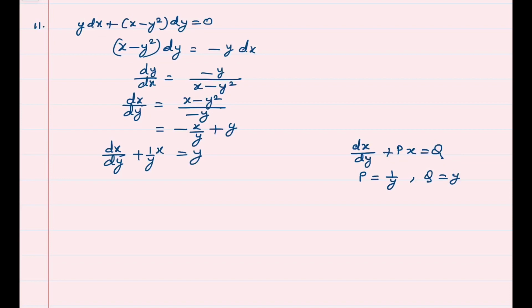No x should be there. We will write the integrating factor e raised to integral p dy. Everywhere integration has to be done with respect to y. E raised to integral p is 1 over y, which is e power log of y. E and log could be cancelled. The integrating factor is y.